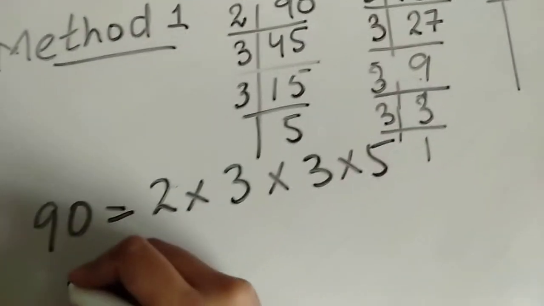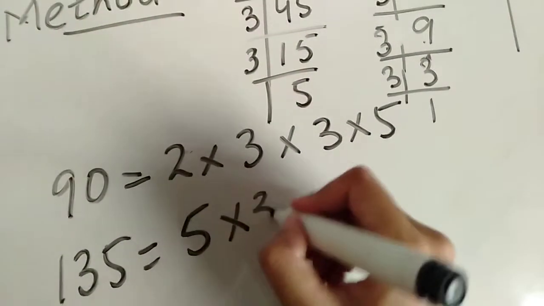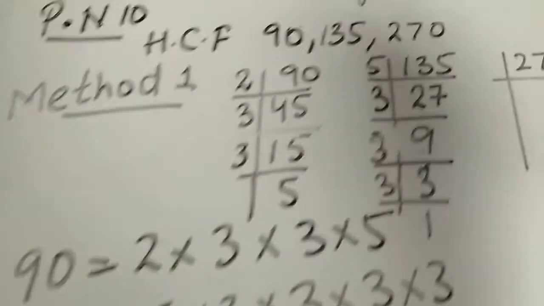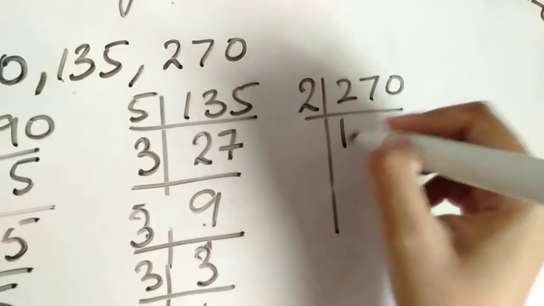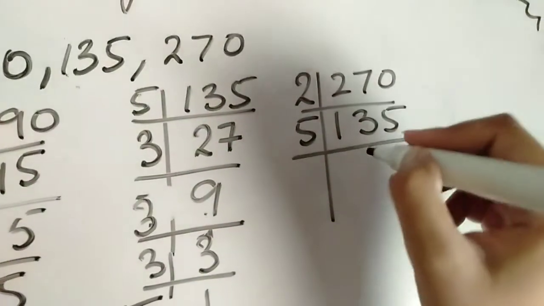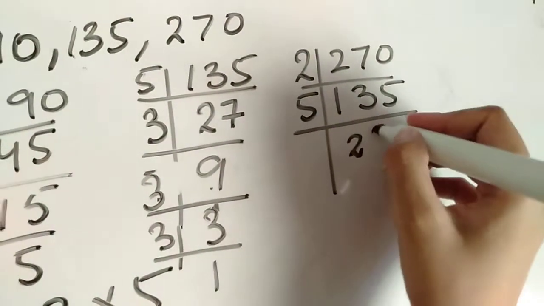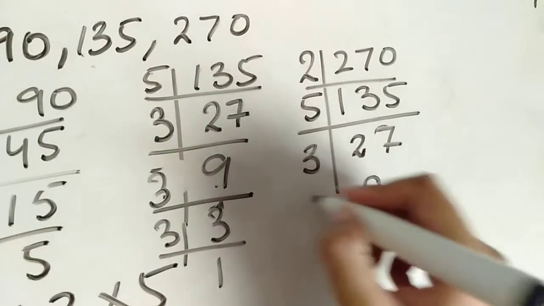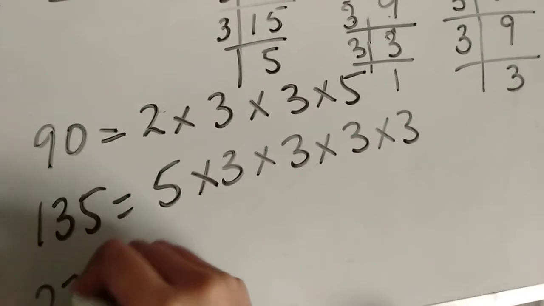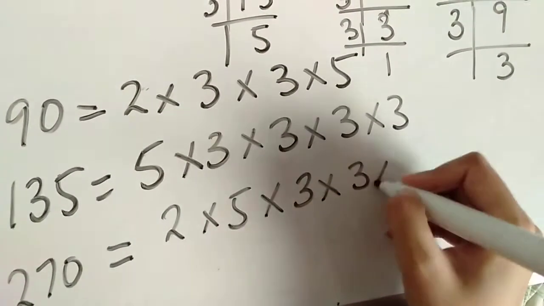So these are the prime factors for 135. It's 5, 3, 3 and 3, so 3 four times... Now for 270, then 3 nines, and then 3 threes. So the prime factors for 270 are 2 into 5 into 3 into 3 into 3.